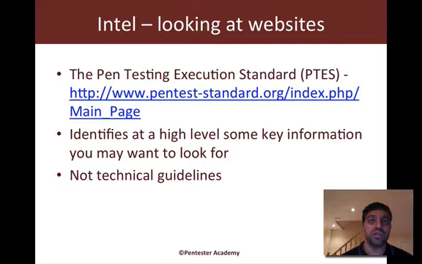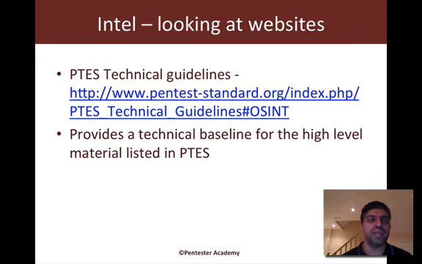It's not set in stone, but it is a good guideline, and you can use this when you are putting together your own intelligence gathering plan. These are not technical guidelines, but the same group does make their own technical guidelines available as well, and they give you a baseline on the tools and technology you may want to use.